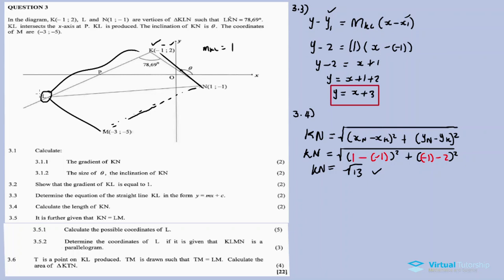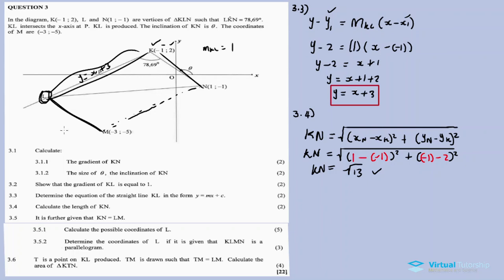Alright, how can we find the coordinates of L? The coordinates of L are the point of intersection between the line LM and the line KL. I do have the equation for KL, calculated as y equals x plus 3, but I don't have the equation for line LM.